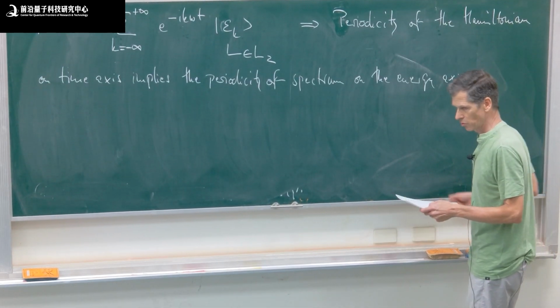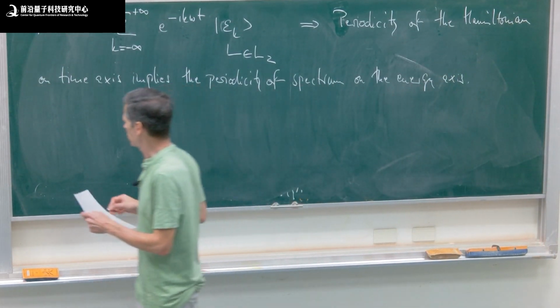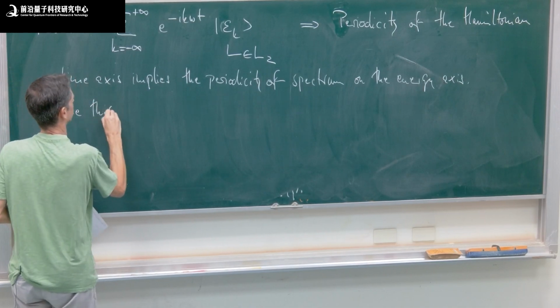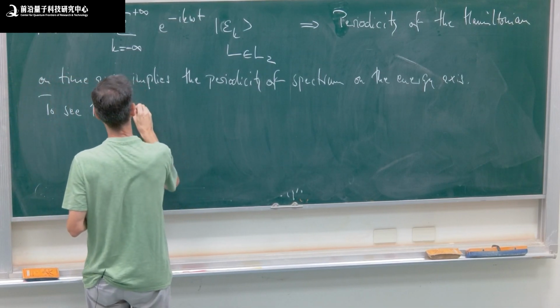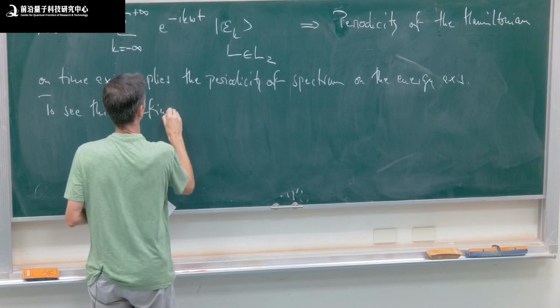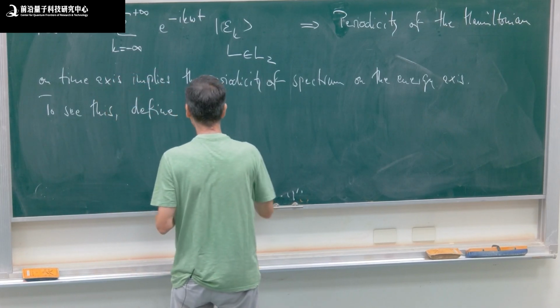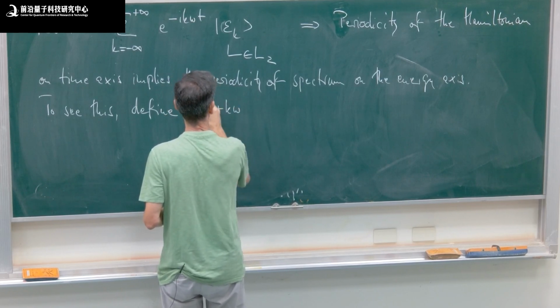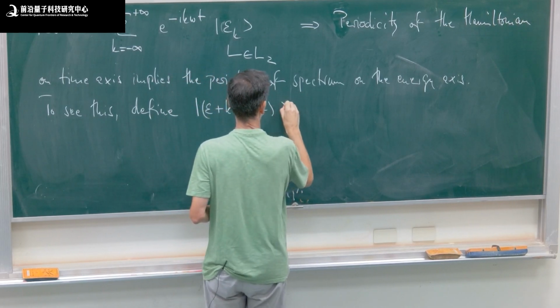And to see this, we do the following. Define the state epsilon plus k omega of t.